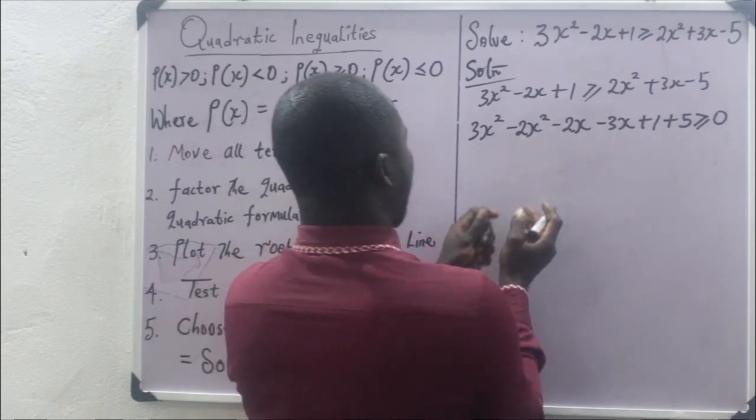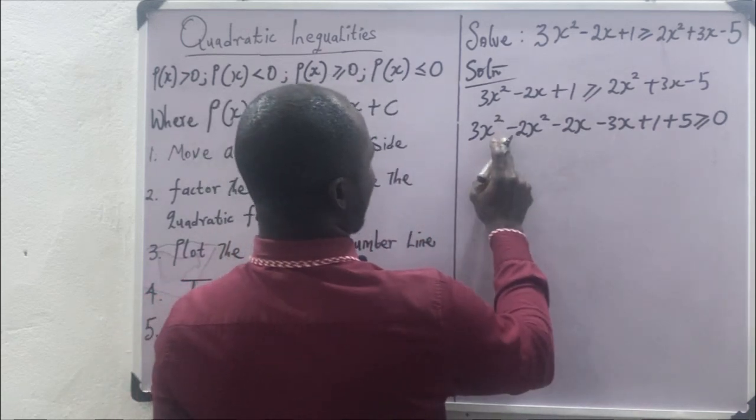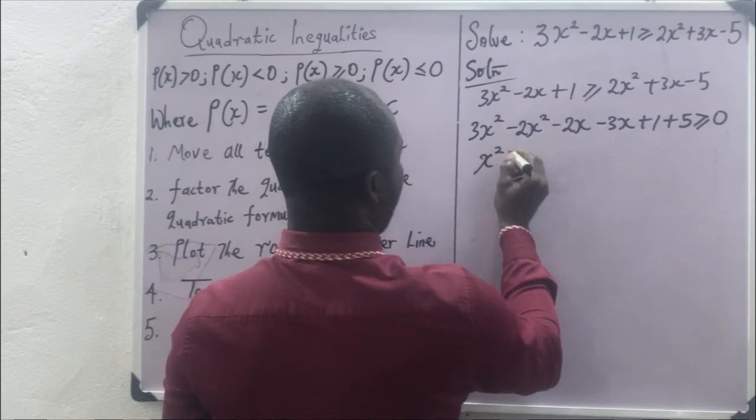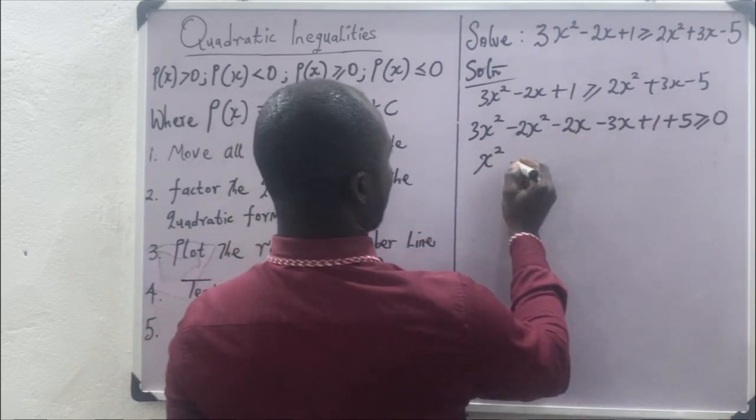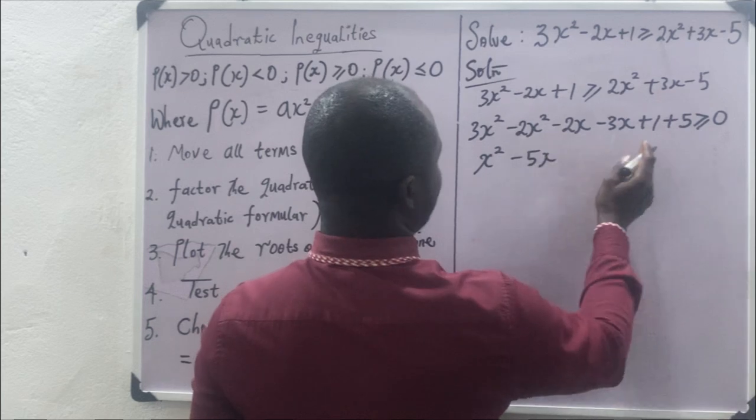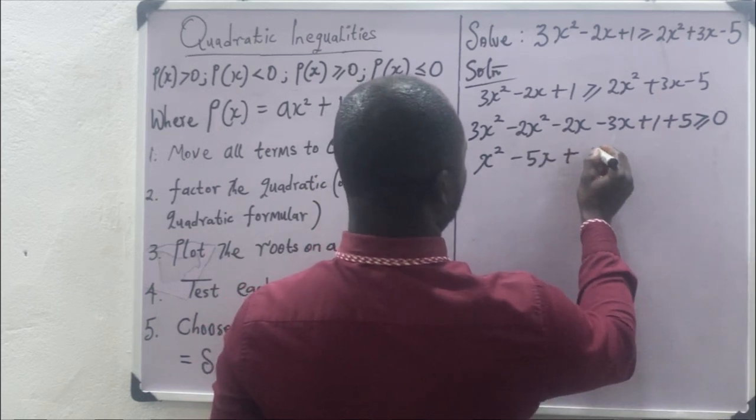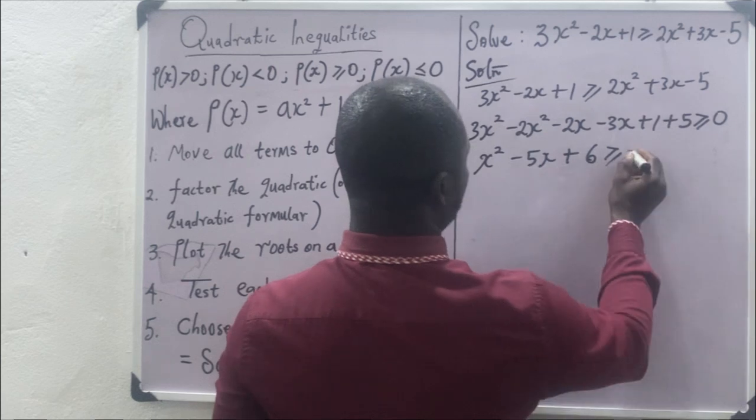Collecting like terms, 3x squared minus 2x squared gives x squared, minus 2x minus 3x gives minus 5x, and 1 plus 5 gives 6. This is greater or equal to 0.